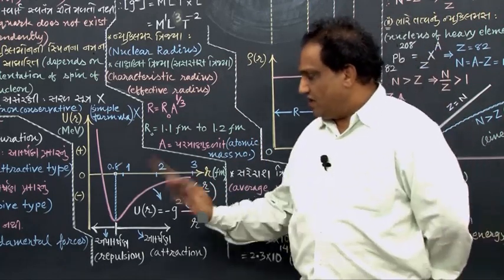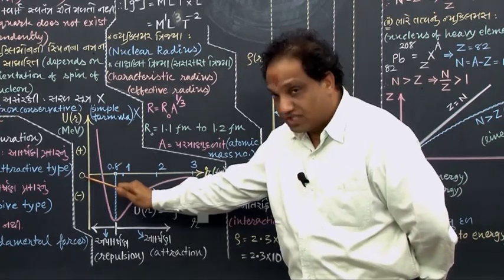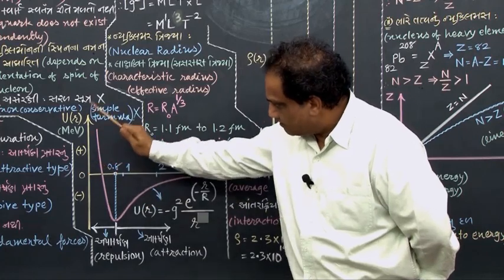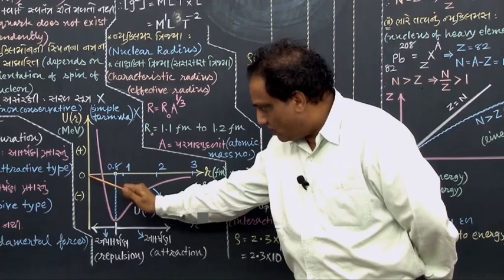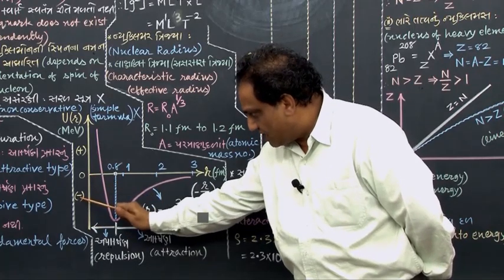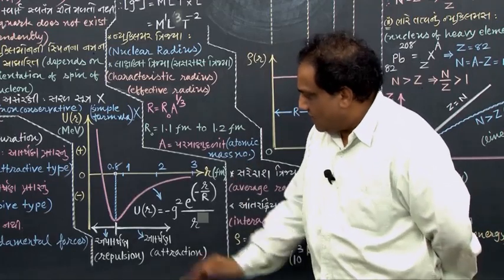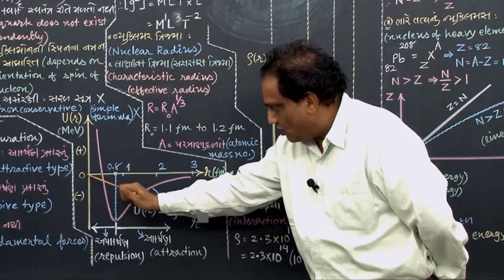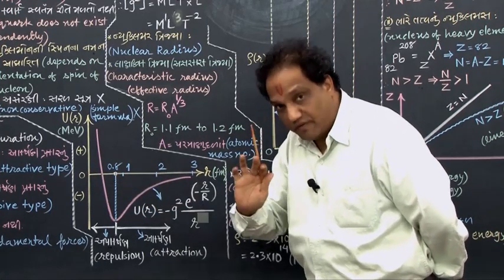Now tell me, what does this graph indicate? Here potential energy is 0. As you go on the upper side this way, potential energy values are positive. When you go on the lower side, potential energy values are negative. Fine. Now tell me, here is a separation between two nucleons with value 0.8 Fermi.